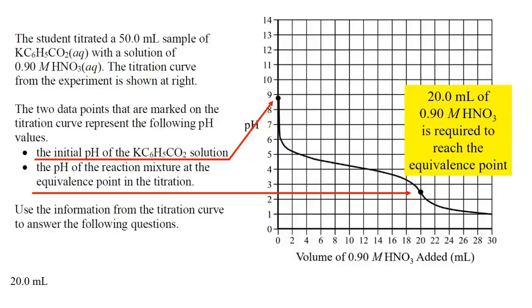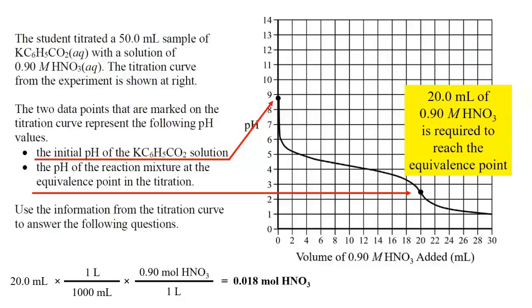So 20 milliliters divided by 1,000 to go from milliliters to liters. And then if we multiply by 0.90 moles of nitric acid per liter, this calculation, 20 divided by 1,000 times 0.90, gives us the number of moles of nitric acid that was required to reach the equivalence point in this titration. So this information will help us answer part D.